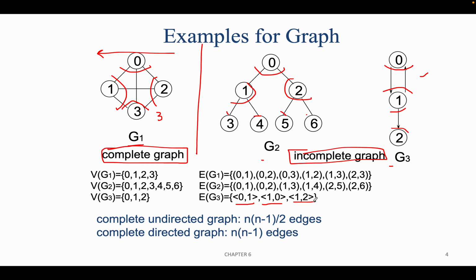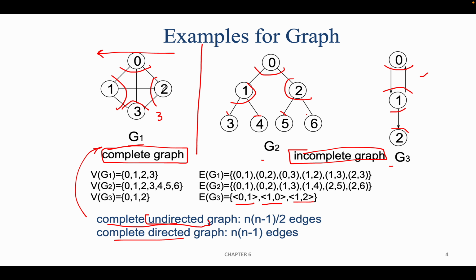Okay, and another one is the formula for the edge calculation, for the complete and incomplete graphs. So this one is for the complete, undirected graph.